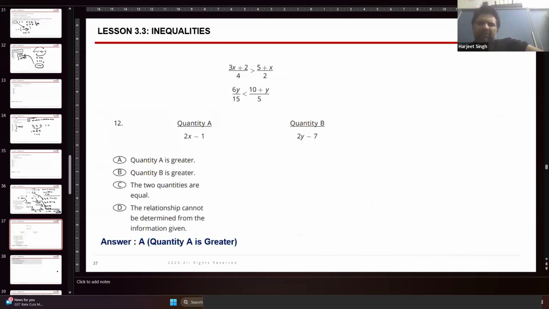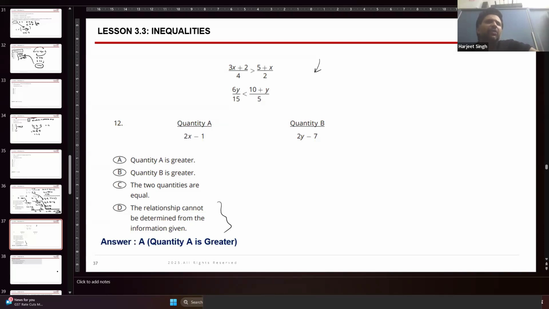So these are the kind of questions which are tougher generally. Quant comparison could lower your score. So hence we need to be extremely careful when we are solving quant comparison because there is this tricky choice which is D which cannot be solved. So we have to be absolutely sure whether D is right or not.